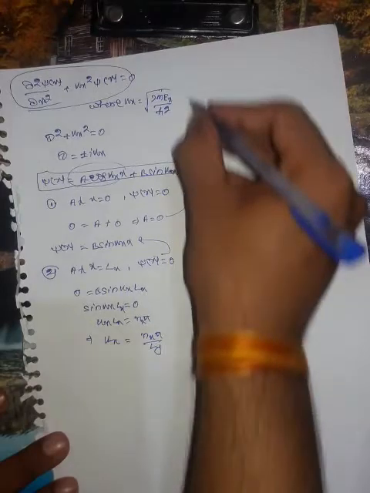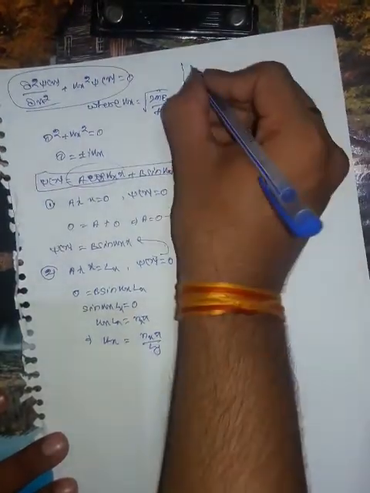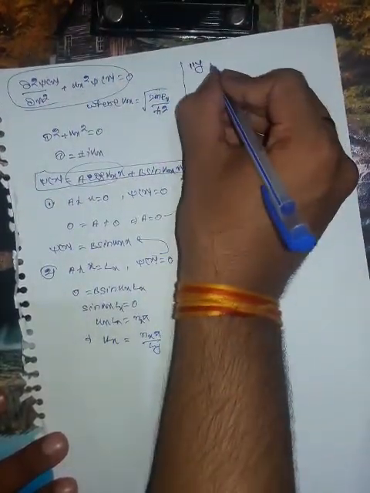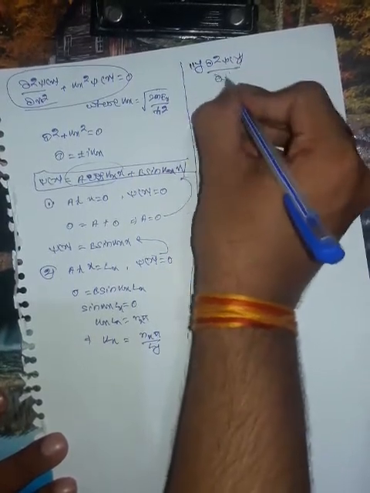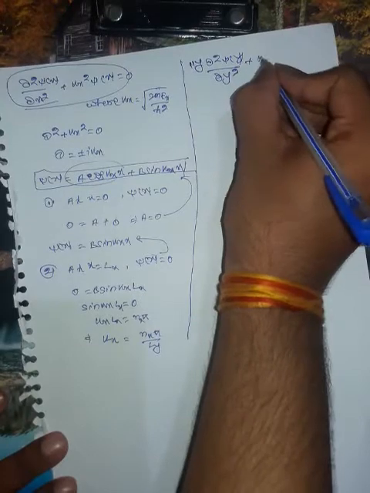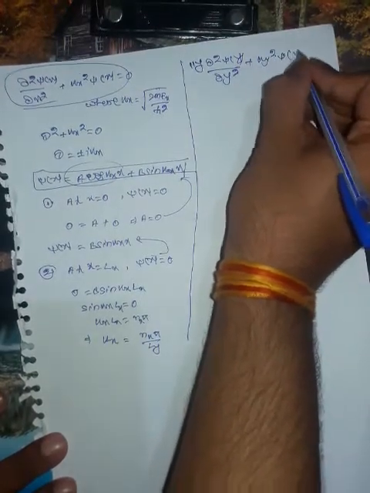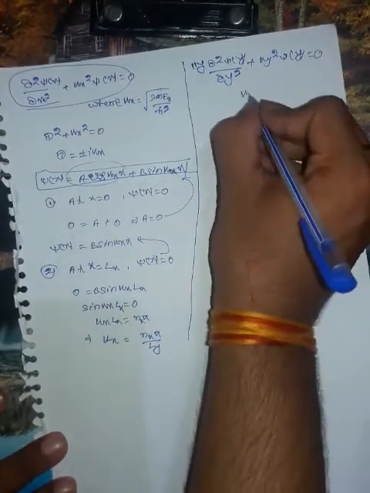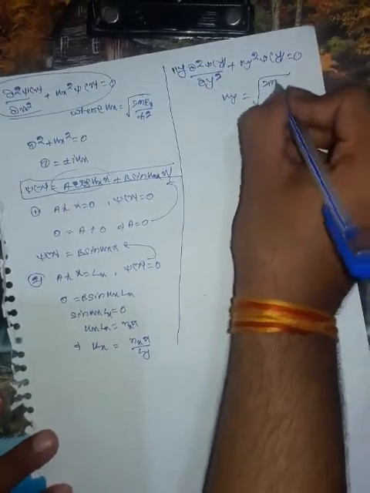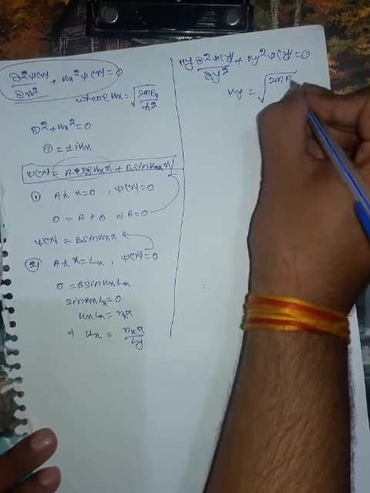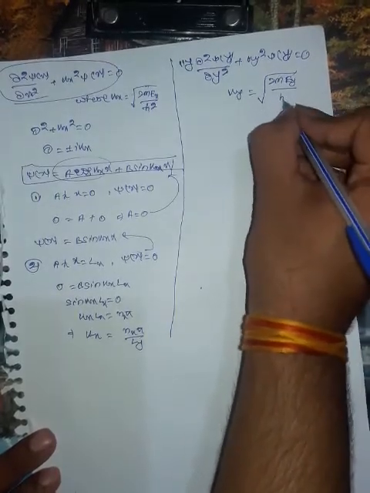Similarly, in the y coordinate, the Schrodinger equation can be written as del square psi of y divided by del y square plus ky square psi of y is equal to 0, where ky is equal to under root 2mEy divided by h cross square.